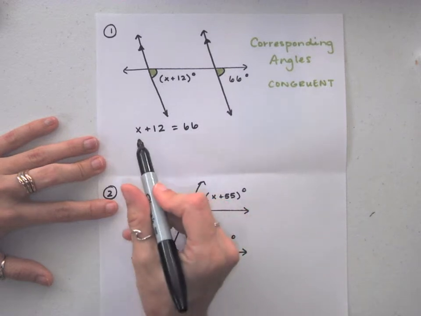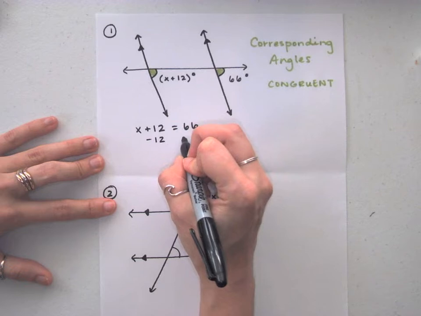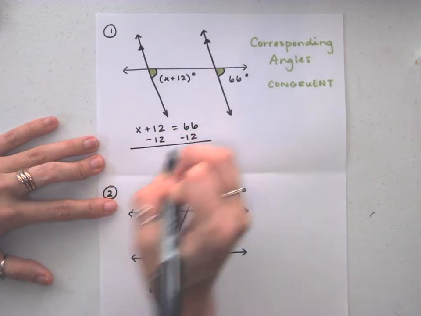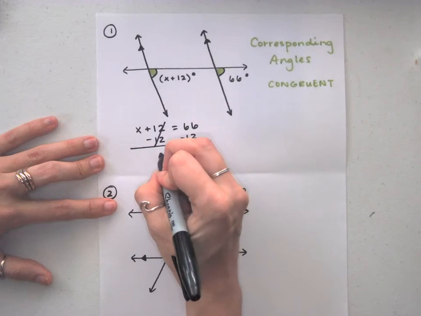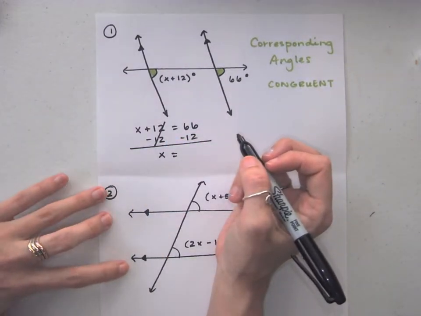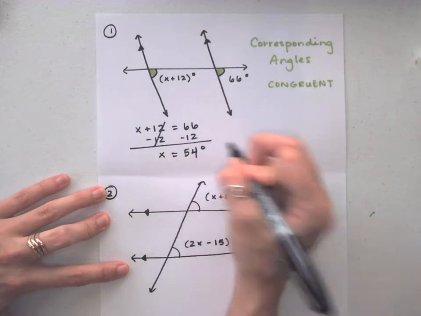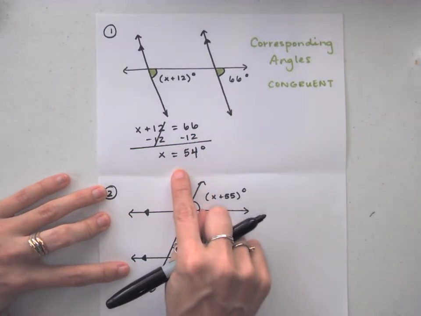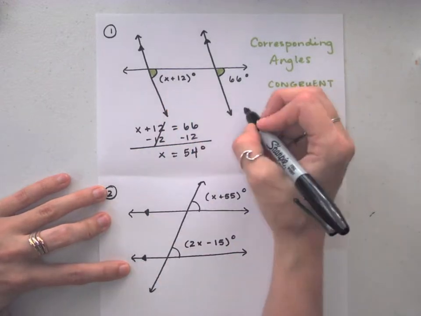Now, we know how to solve equations. We want to solve for x, so we're going to subtract the constant from both sides. 12 minus 12 is 0, and we're left with x equals 66 minus 12, which is 54 degrees. We can check that this answer is correct by substituting it back into the original information.